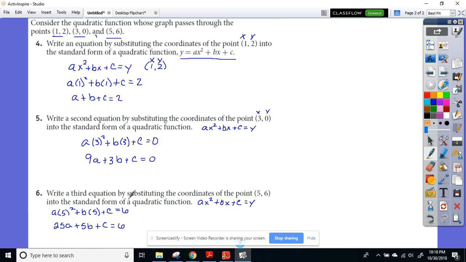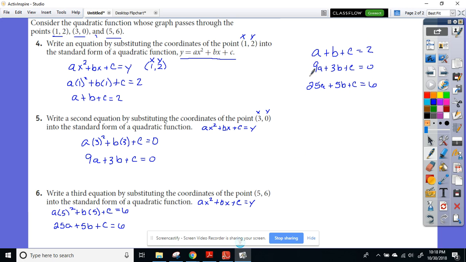Okay, so what does all of that do for me? If you take these 3 equations, a plus b plus c equals 2, 9a plus 3b plus c equals 0, 25a plus 5b plus c equals 6.